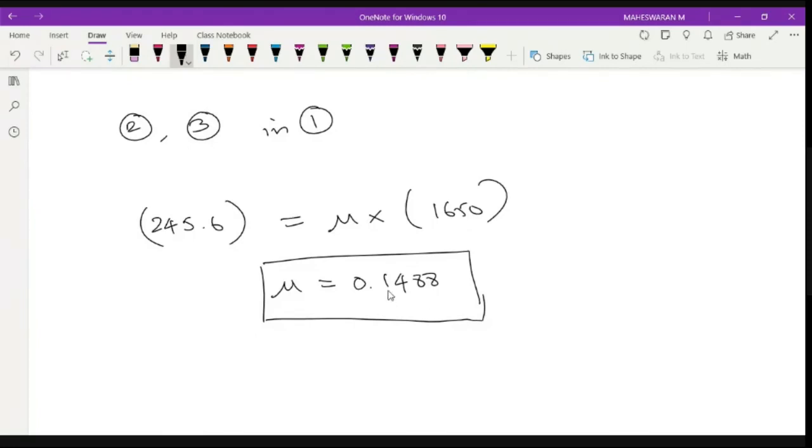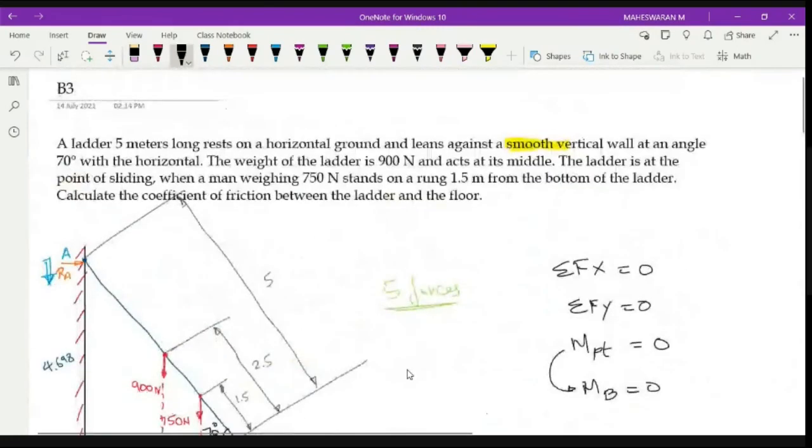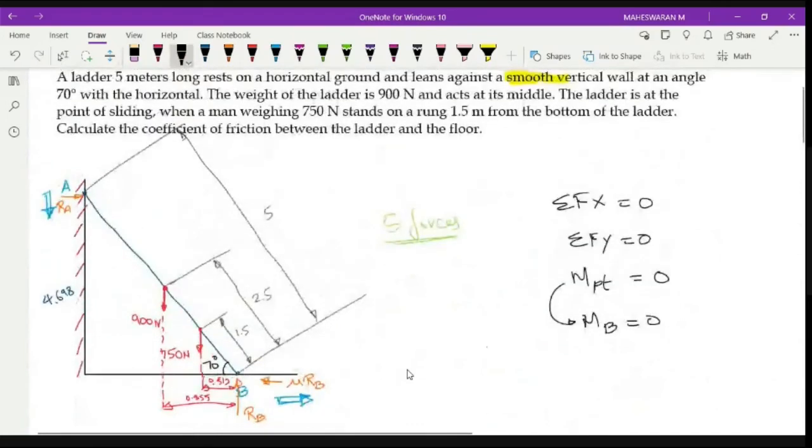Make sure your coefficient of friction will be from 0 to 1 maximum, or 0.9. If you get 1 point something, it is wrong. You made some mistake. There may be another problem related to this. They will give the coefficient of friction and ask you what is the weight of the man when, if he is standing at 1.5, it is going to slide.